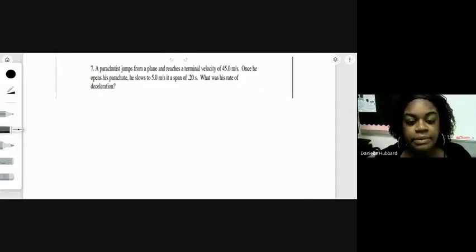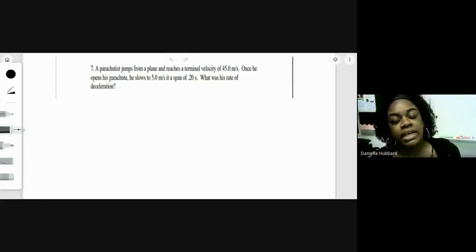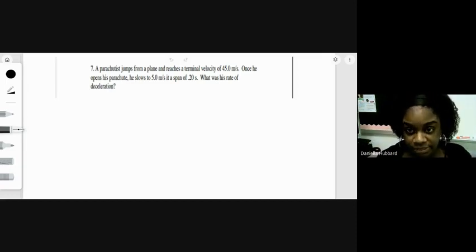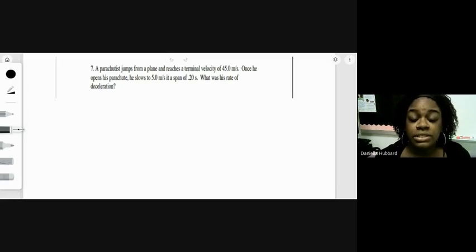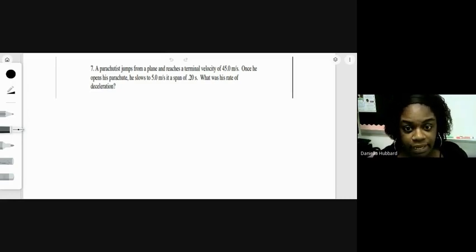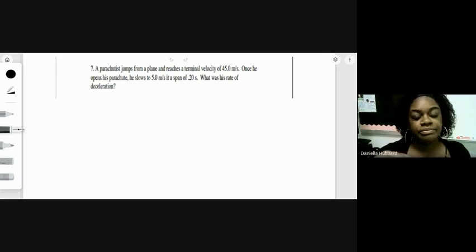Okay, next problem. We have a parachutist jumps out of a plane and reaches a terminal velocity of 45 meters per second. Once he opens his parachute, he slows down to 5 meters per second in a span of 0.20 seconds. What was his rate of deceleration?